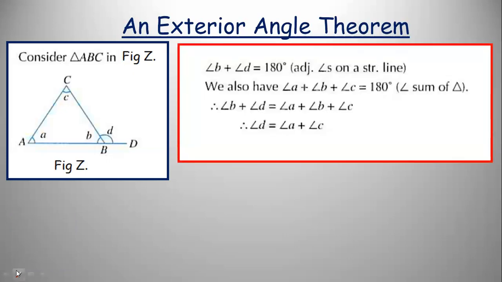Now, what has been done here? According to this figure, angle B plus angle D is equal to 180 degrees, because adjacent angles on a straight line.